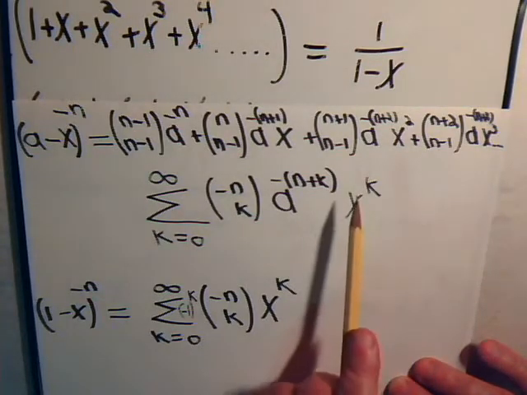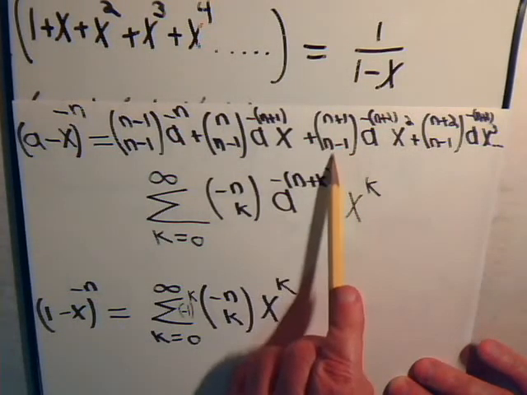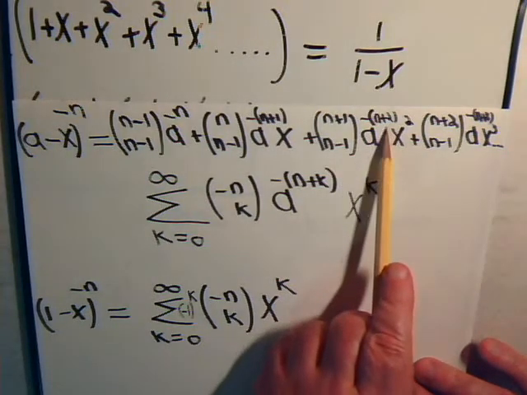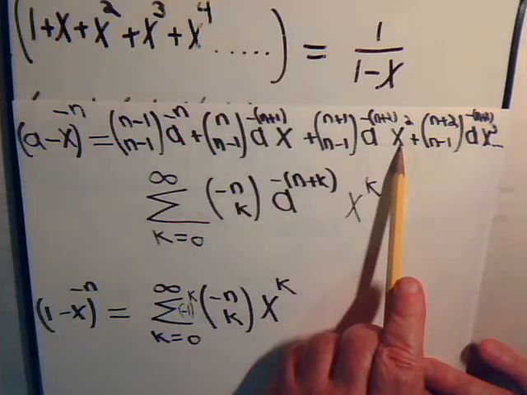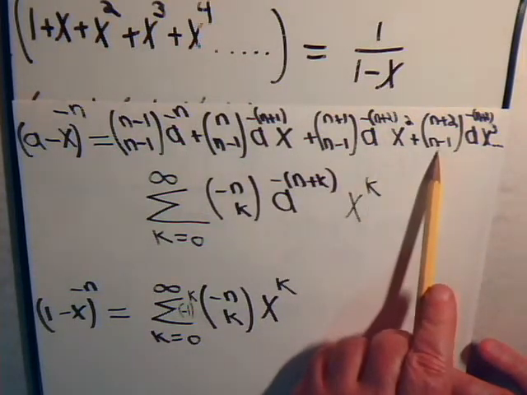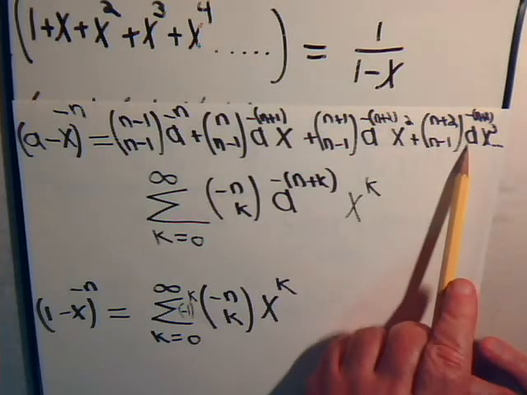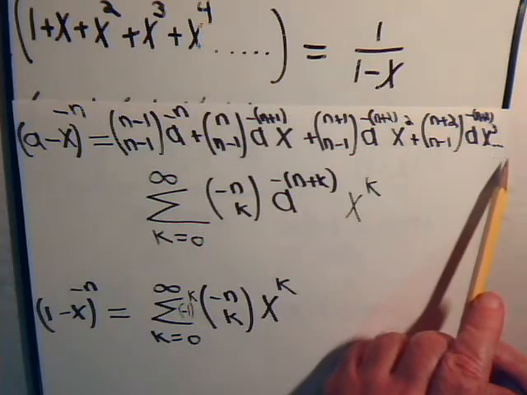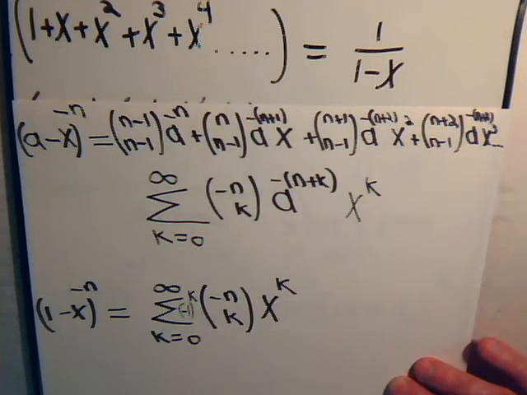So the next term is n plus 1 over n minus 1, a to the minus n plus 2 times x squared. The next term is n plus 2 over n minus 1, a to the minus n plus 3 times x cubed, and this keeps going all the way out to infinity.